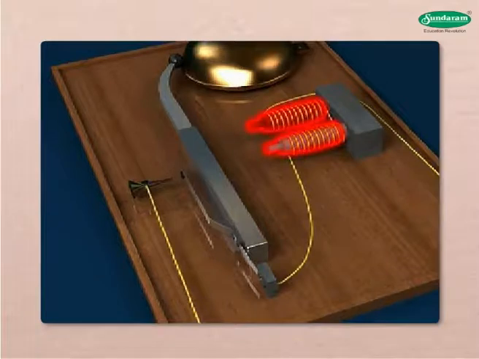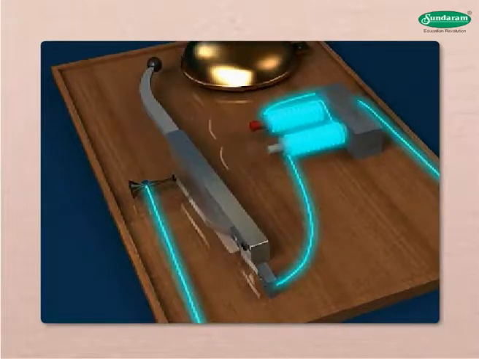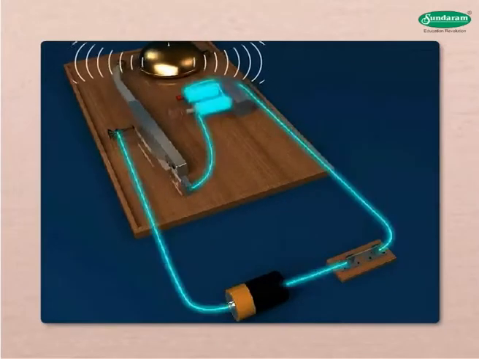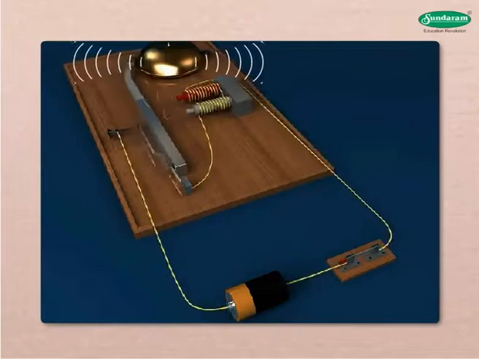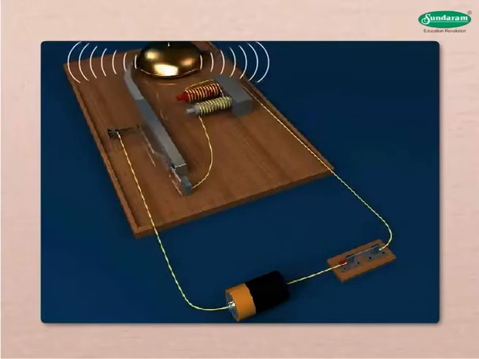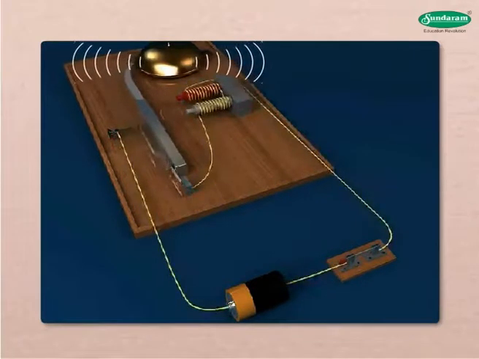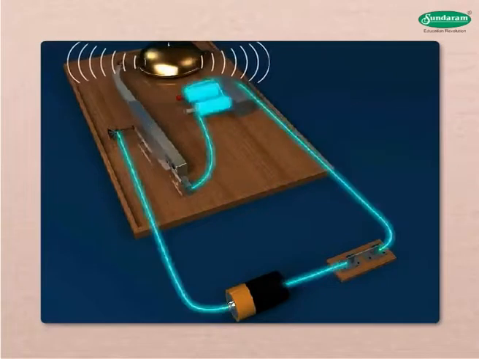The coil loses its magnetism and is no more a magnet. So, the iron strip moves back and again comes in contact with the screw. This causes the current to flow again and the striker again hits the gong. This make and break arrangement keeps the bell ringing as long as the switch is pressed. This is how an electric bell works.